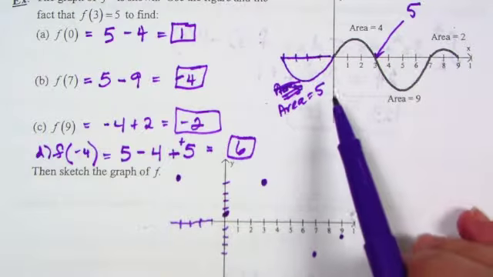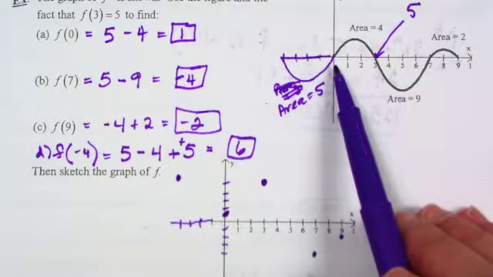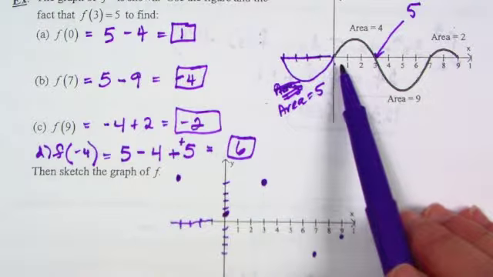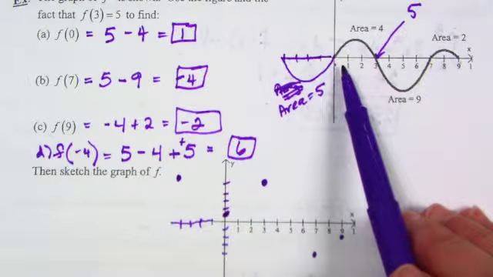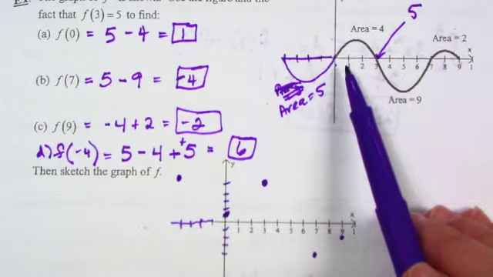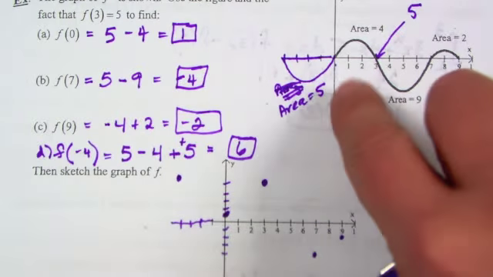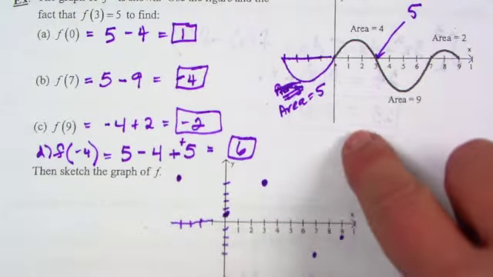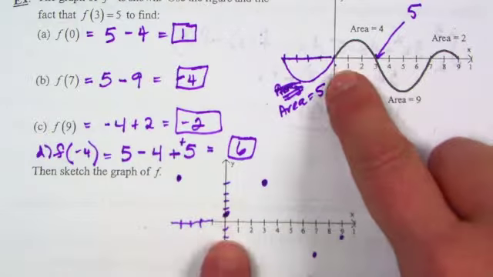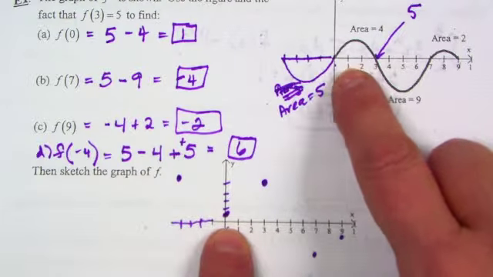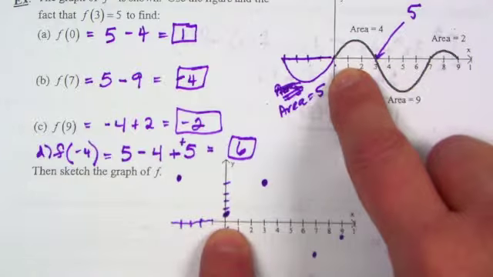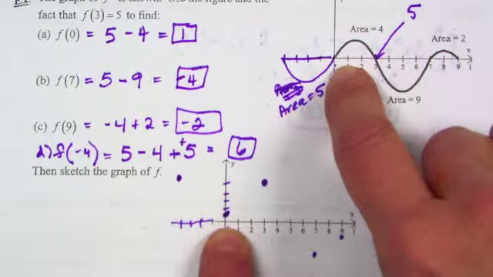Okay, so what do I know is true at 0? This is good review. On my original graph, I would have to have a minimum at 0 on my original function. Why?